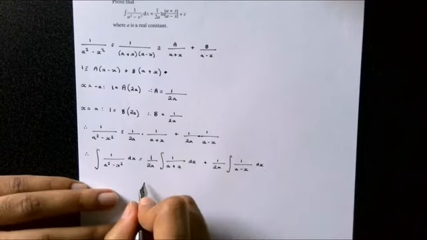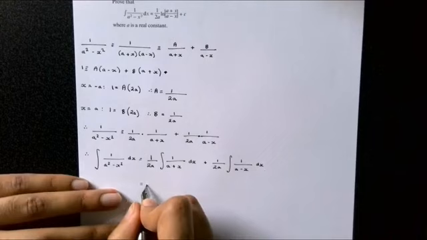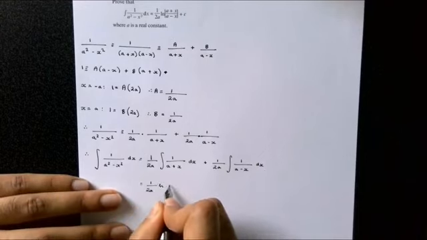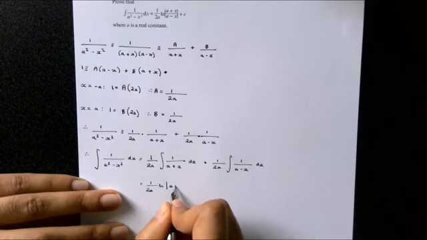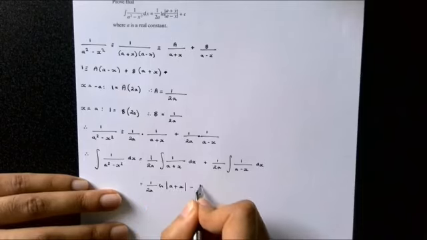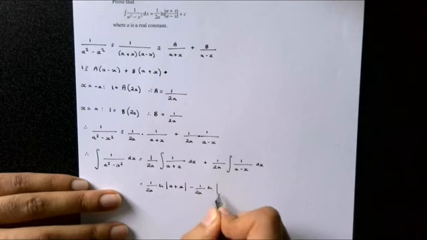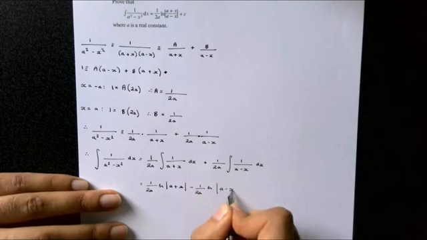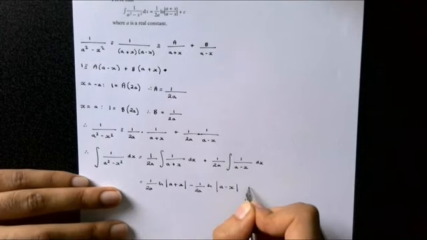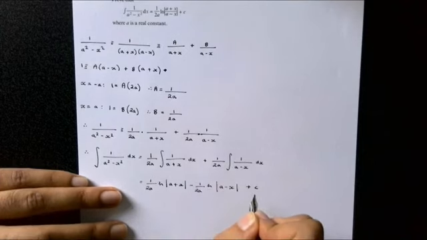So if we integrate, you can see here we've got 1 over 2a times the natural log of the mod of a plus x minus 1 over 2a times the natural log of the mod of a minus x. And we add on this plus c.